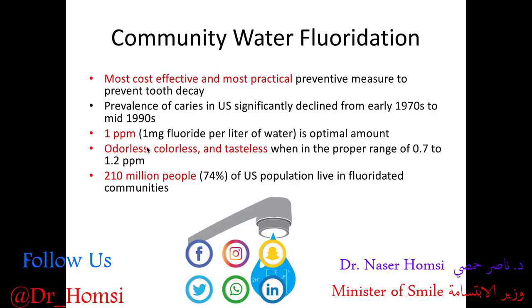And fluoride is odorless, colorless, and tasteless when in the proper range of 0.7 to 1.2 ppm. So in other words, it's completely imperceptible when in the proper range. And about 210 million people, which is at the time of measuring about 74% of the US population, live in presently fluoridated communities.